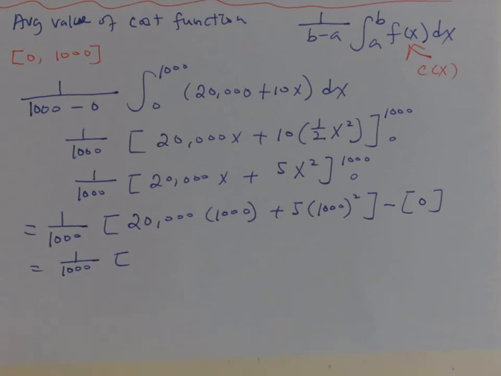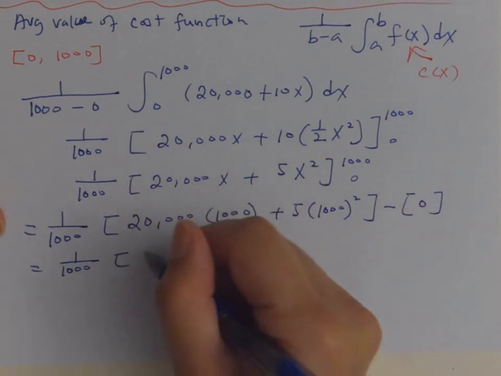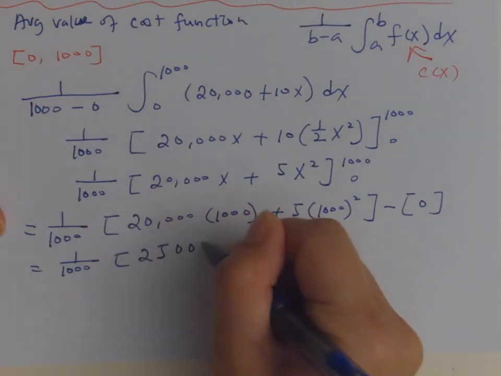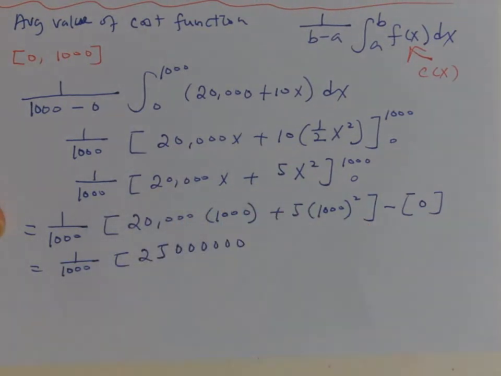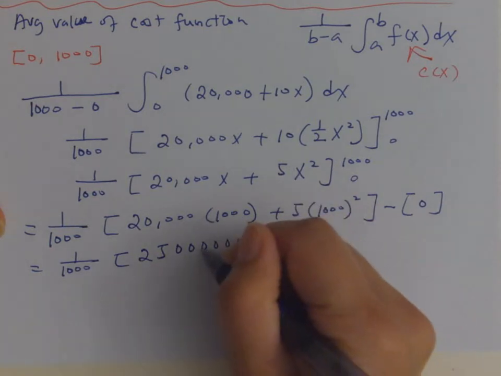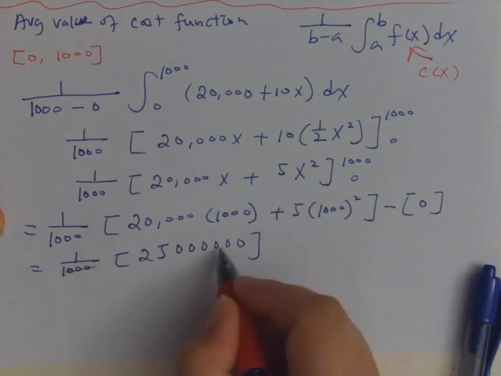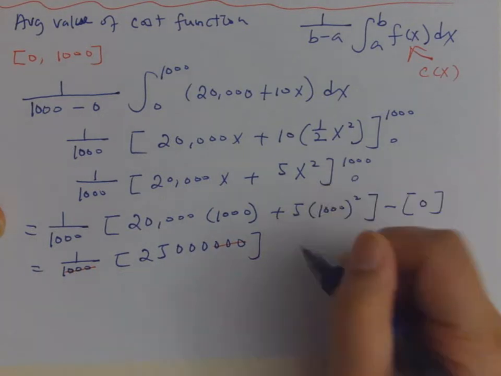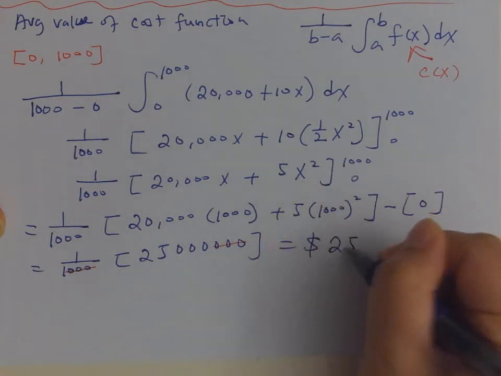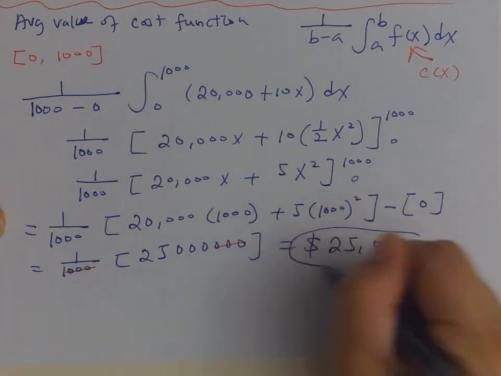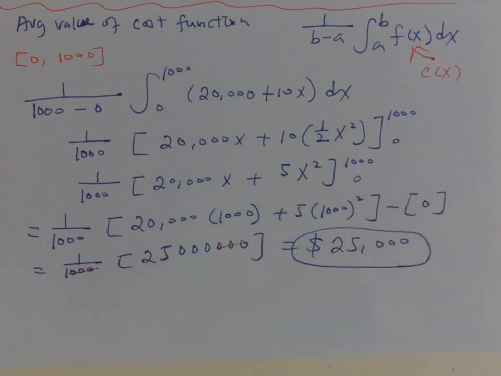Whoa. So it's going to be 25,000,000. Okay, and then I need to divide by 1,000, right? So divide by 1,000, I still have $25,000.